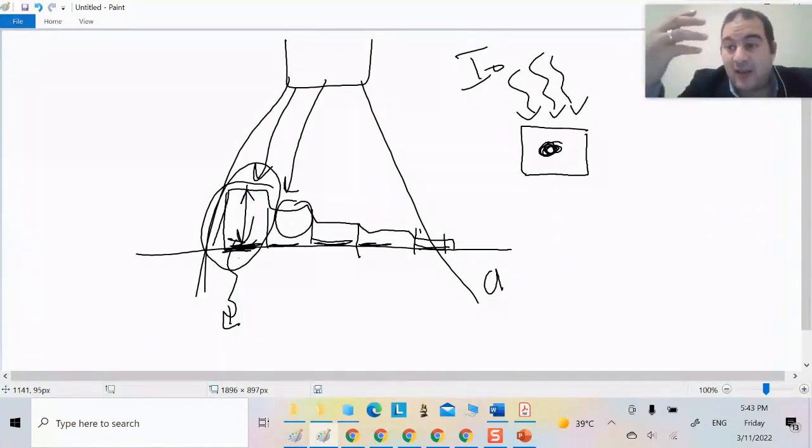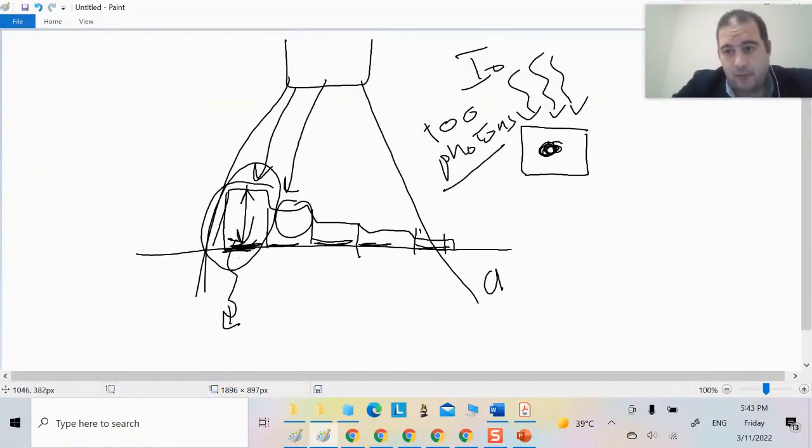Let's assume the I-node, incident on my object, has 100 photons. If we assume that the transmitted is 100, this means there is no absorption, right?